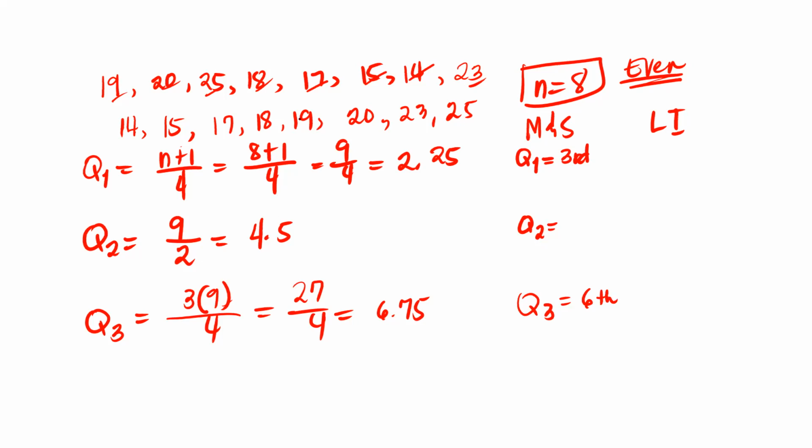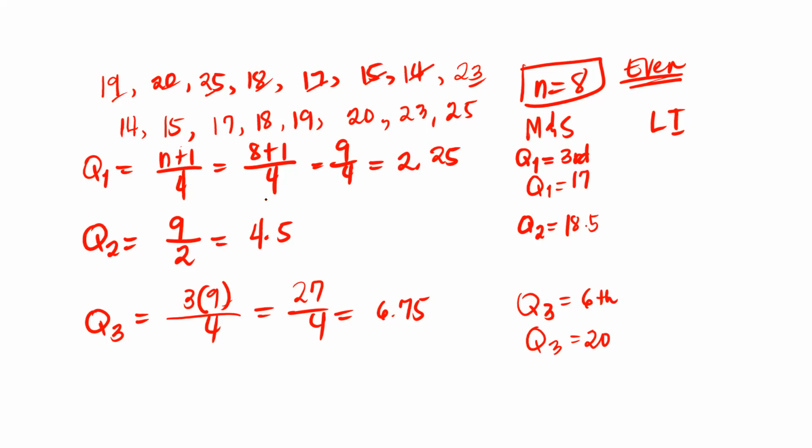I-add lang natin, divide by 2. So, yung Q sub 1 natin is yung third data, which is 17. Yung Q sub 3 natin is yung pang 6 data, 3, 4, 5, 6, that's 20. And yung second quartile natin ay add natin itong dalawa, divide by 2, 18.5.